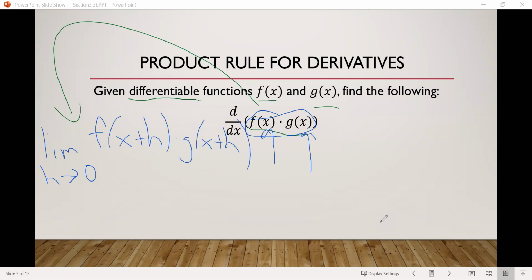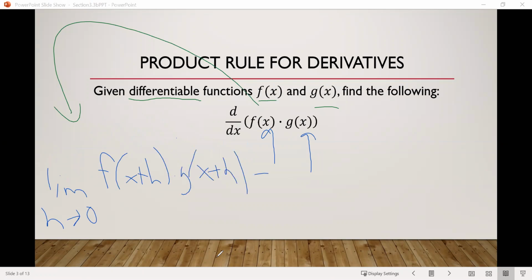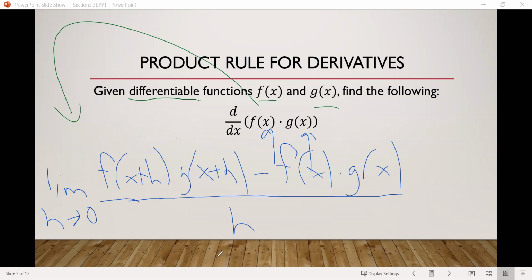And of course, I didn't leave myself enough room. Let me go ahead and rewrite this. Okay, so we'll write it as a limit as h goes to 0 of f of x plus h times g of x plus h minus, and then we just do the function evaluated at x. So in this case, that'd be f of x times g of x all over h. Okay, so again, we're just setting things up using the limit definition.